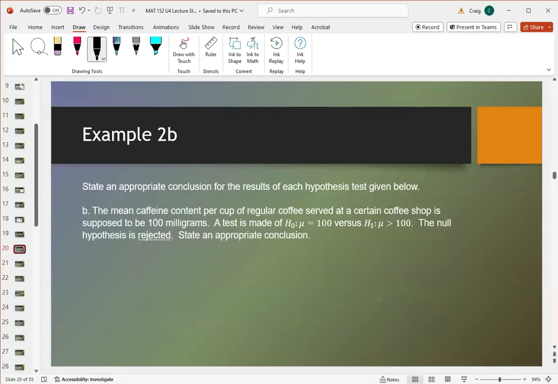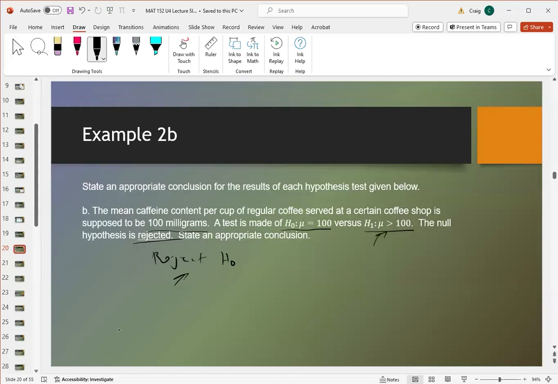Let's look at another one of these. The mean caffeine content per cup of regular coffee at a certain coffee shop is supposed to be 100 milligrams. We do a hypothesis test. We're going to test to see if it's greater than 100 milligrams. The null is rejected, so we're going to reject the null. If we reject the null, what we're saying is that this sample is rare. It's unlikely to have happened by chance.